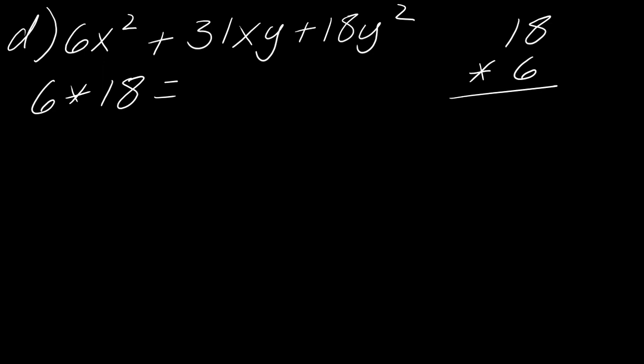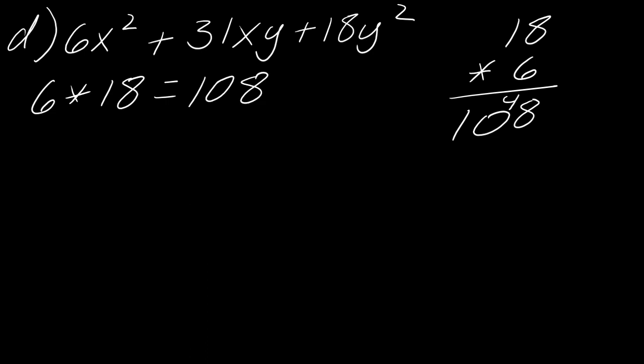So 6 times 8 is 48. So I'm going to put the 4 here. I like to put the number next to this so I can remember what the original number was. It helps me to check it. So it's just how I multiply. And then I have 6 times 1 plus the 4. So that'll be 10. So this is going to be 108.